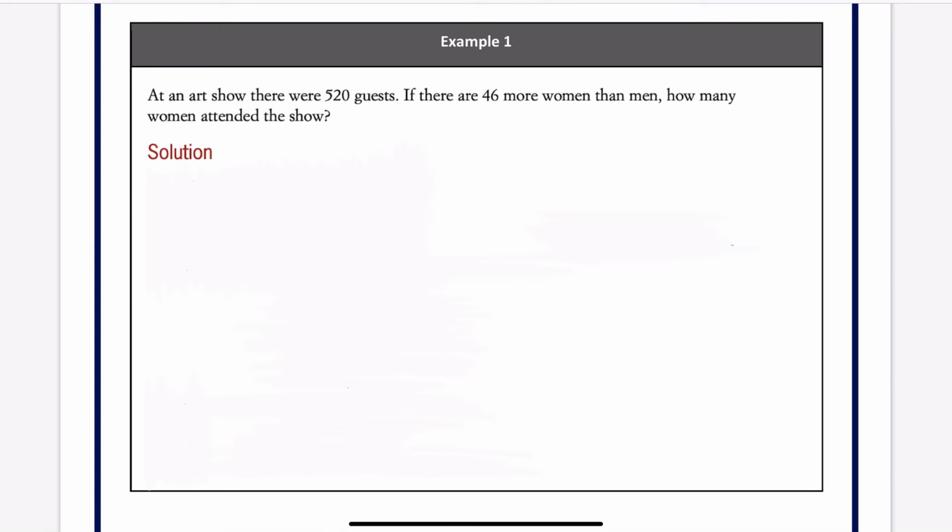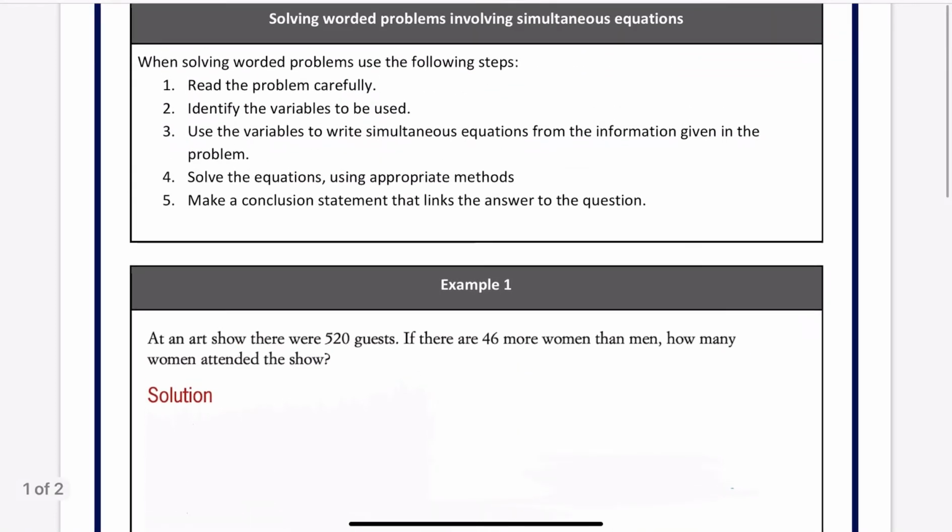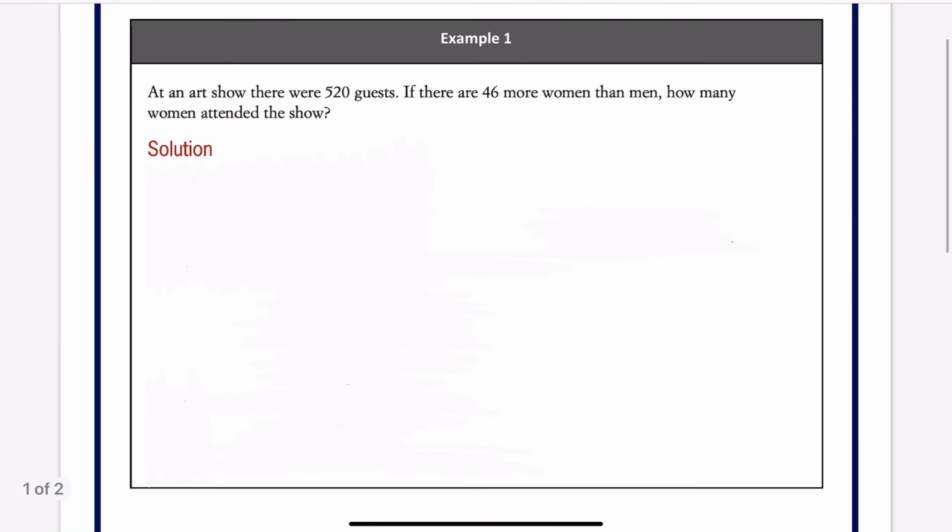So let's identify the variables. I'm going to let W be the number of women, and I'm going to let M be the number of men. These are our two variables.